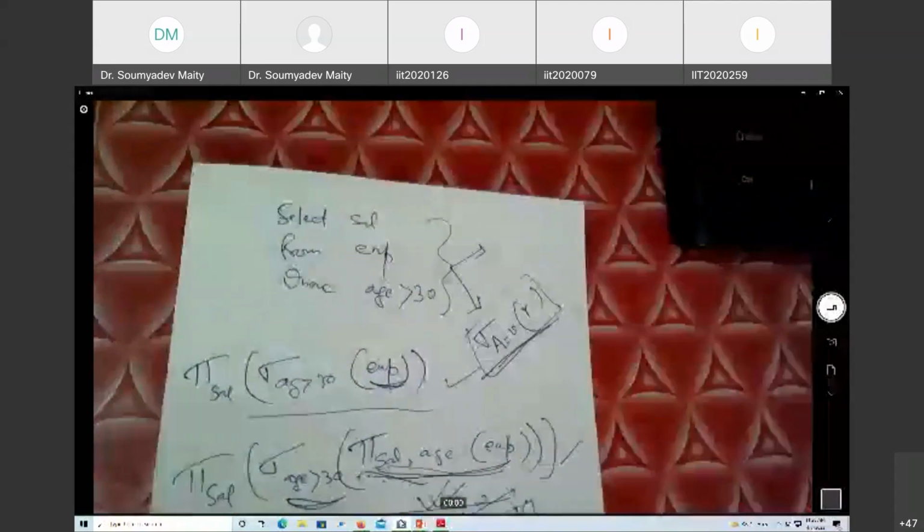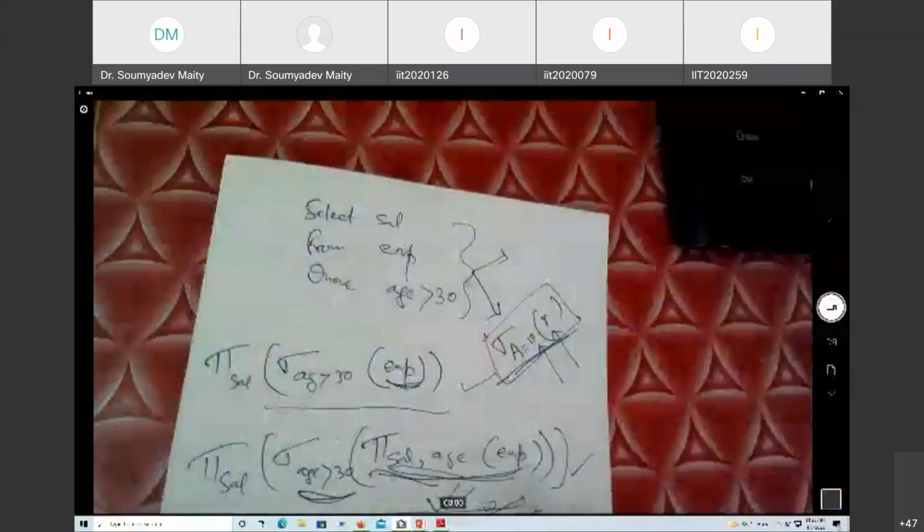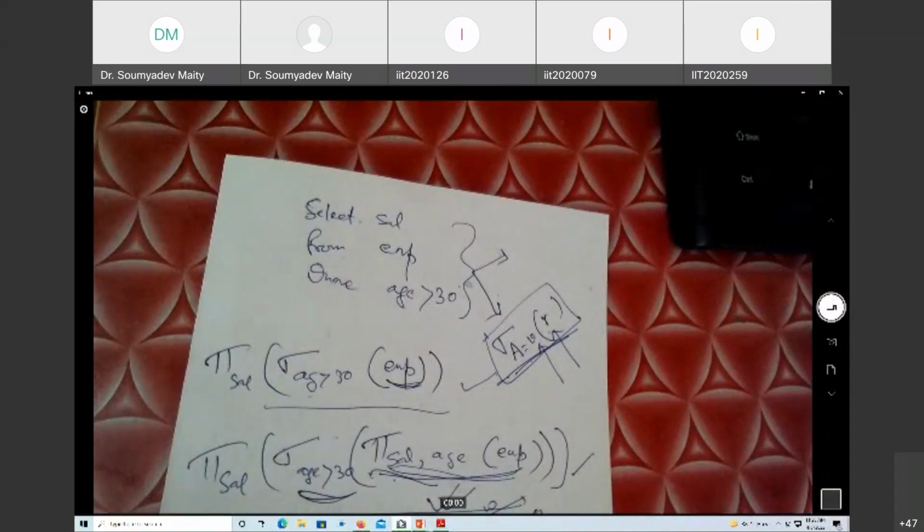You need an algorithm which will take R as one input and V as another input, and then give you the output, another relation, the resultant relation. How do you do that? So you require an algorithm. Now, what algorithm to use? Is there any one algorithm? No. The answer is no.